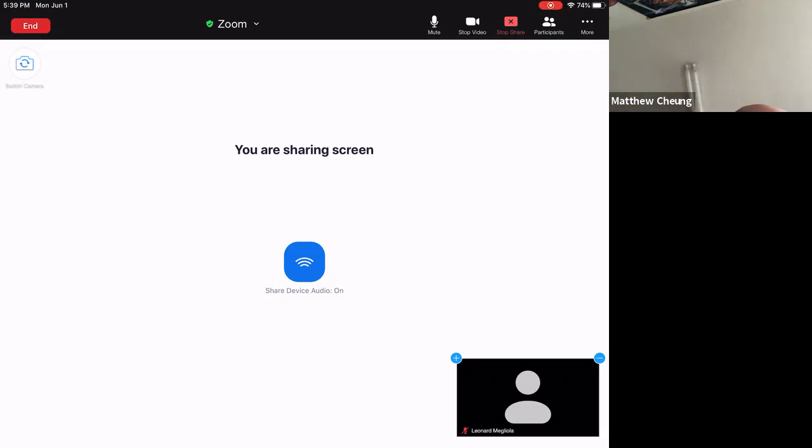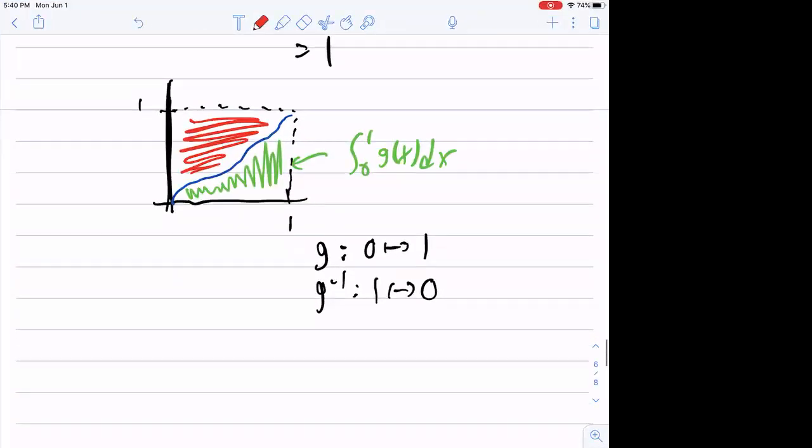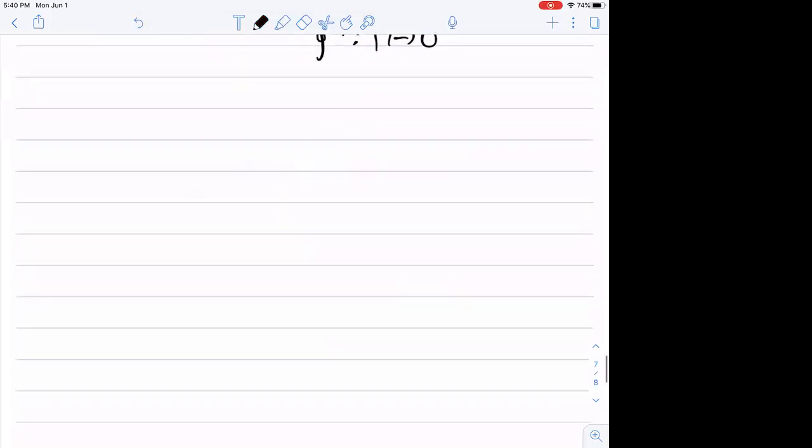Okay, so let me just go over improper integrals really quick. We're on interval A to B, with B finite or positive infinity.